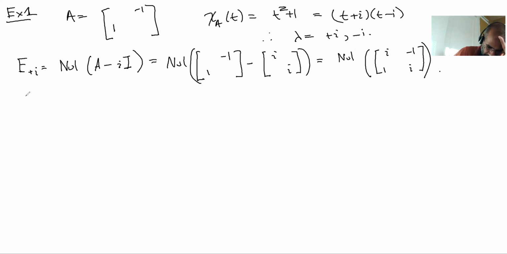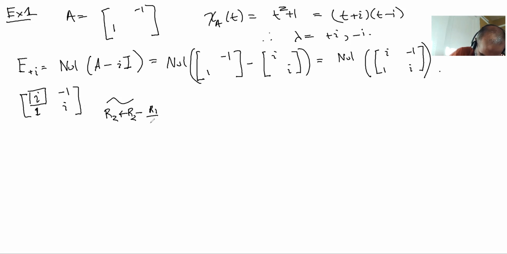And so let's row reduce it. Well, the pivot is this, right? So just follow the rules. Don't freak out just because it's complex. Just follow the rules. You zero out the entry below the pivot by subtracting an appropriate multiple of row 1. So you do R2 gets R2 minus R1 divided by negative i.